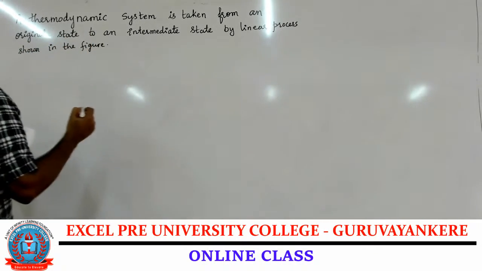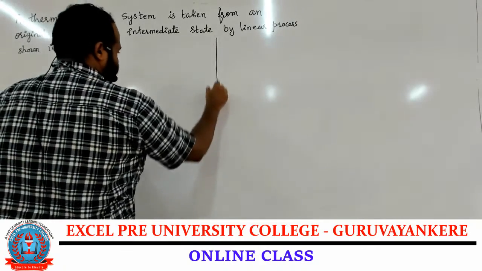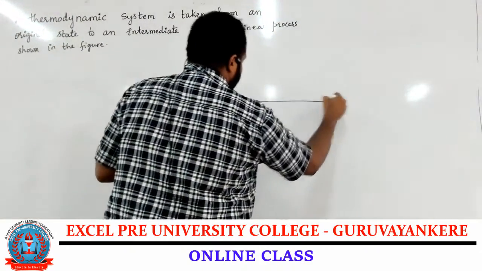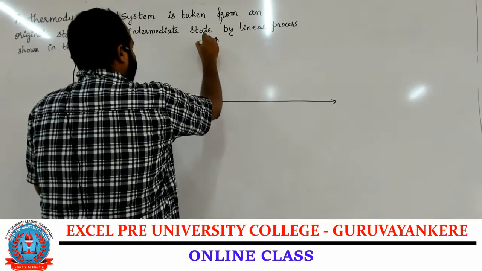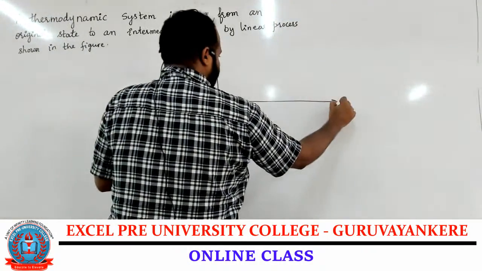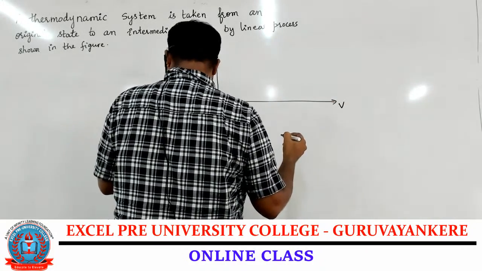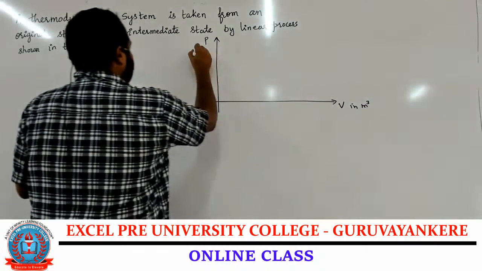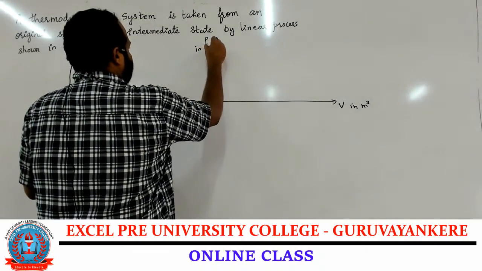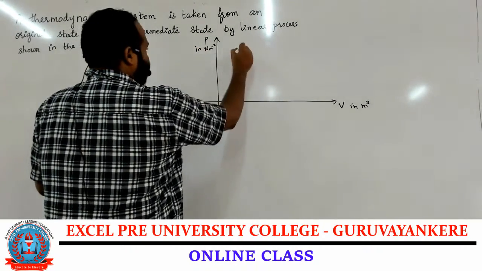So here is a diagram. This is pressure and volume in meter cube, pressure in Newton per meter square they have given.